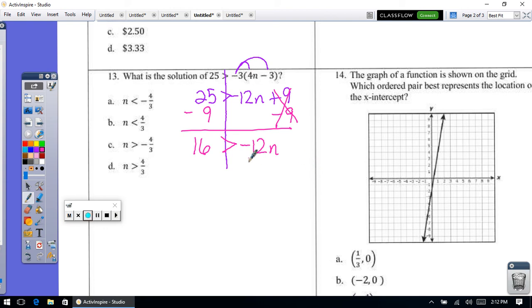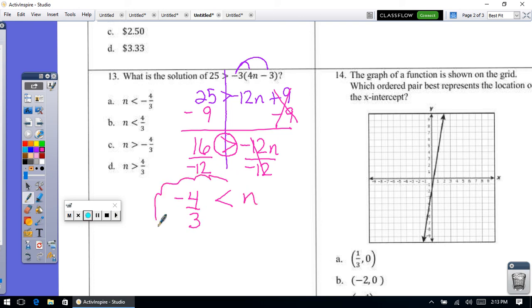Our last step is to divide by negative 12, and we said in our previous example, if you divide by a negative at the very end, the sign is going to flip direction. Divide by negative 12. 16 divided by negative 12 is going to give me negative 4/3. And put your letter n down.